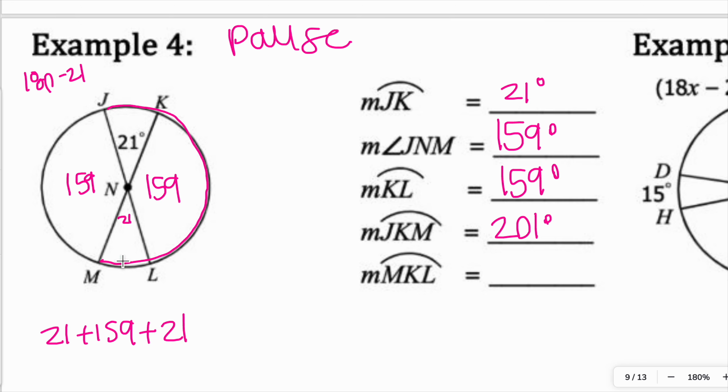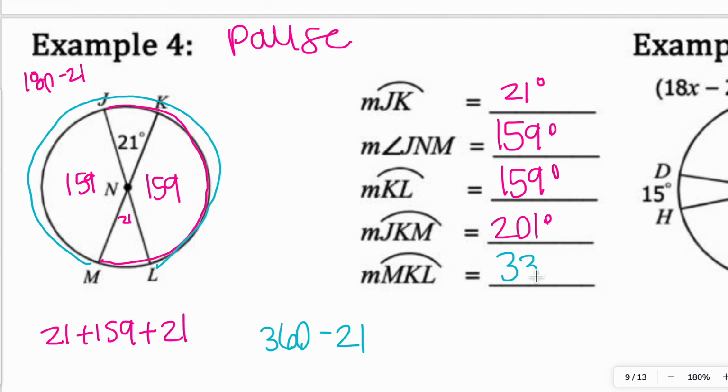And then MKL, so another major arc, M to K to L, could just be 360 minus 21, and I'm going to get 339. Okay.